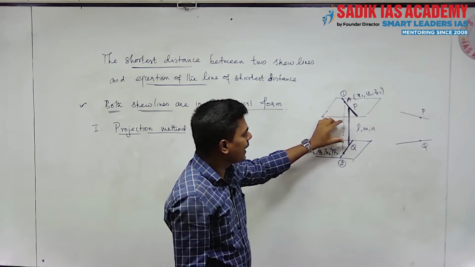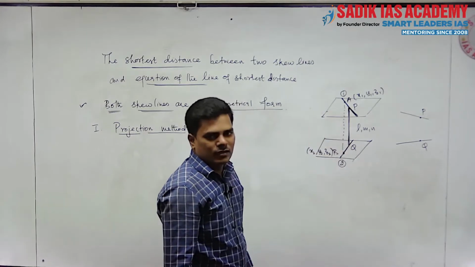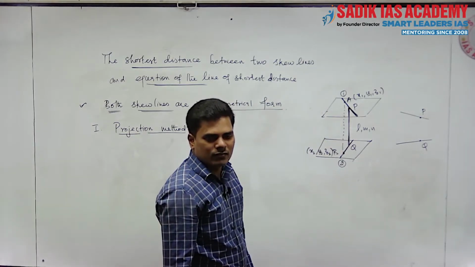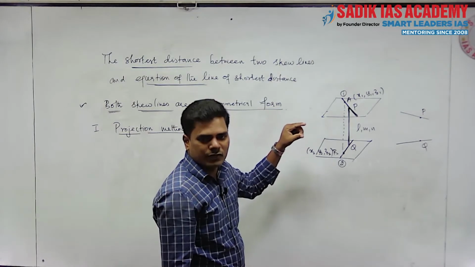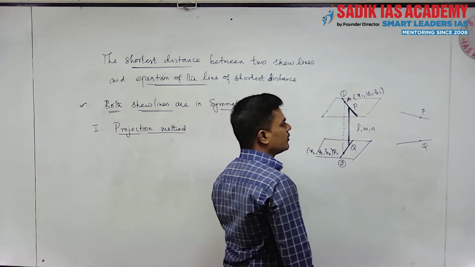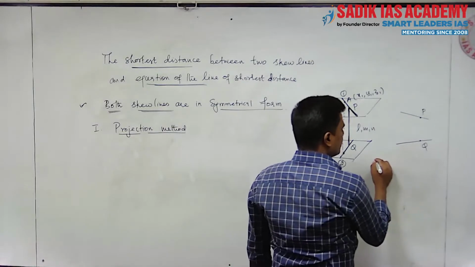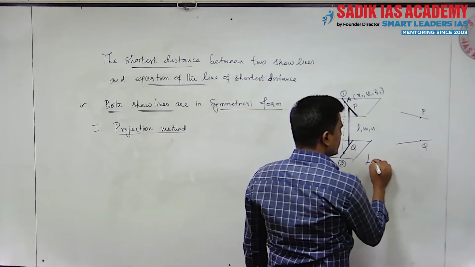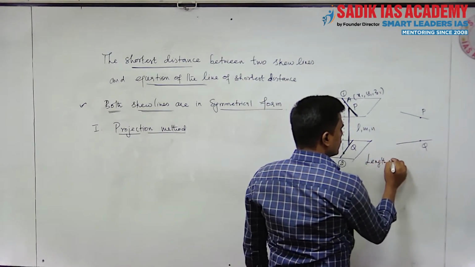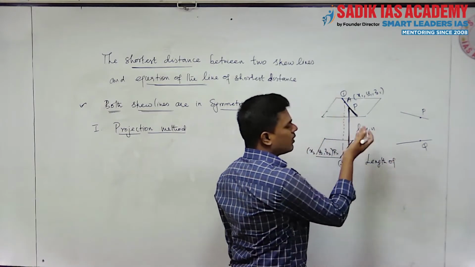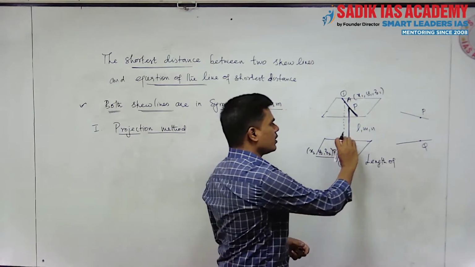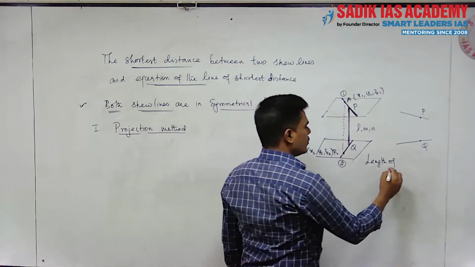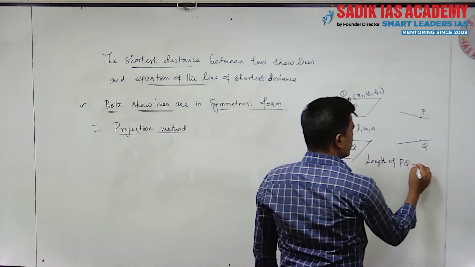Now we can write the length of PQ, that is, the shortest distance between the two skew lines. Length of PQ is the projection of AB on PQ. The projection of AB on PQ is going to give the length of PQ only.